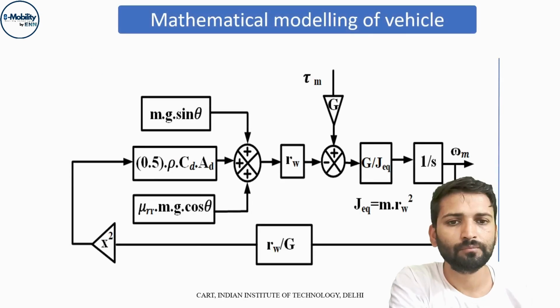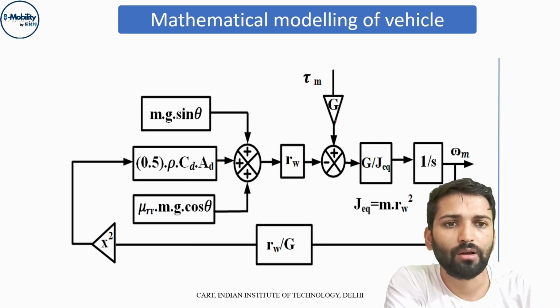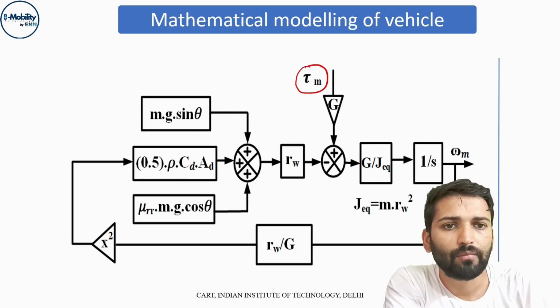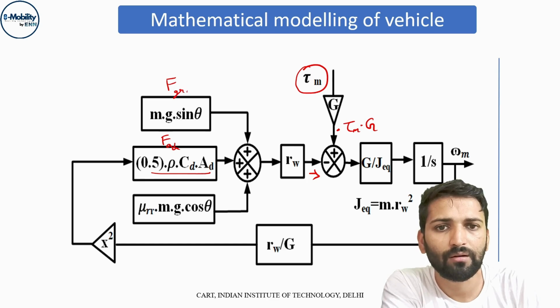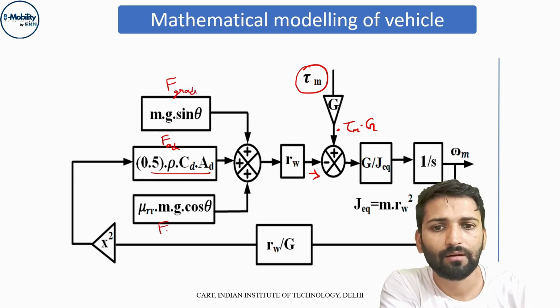Now let's go to the model. Here we can see the model that we are using: Tm multiplied by G, so here we are getting Tm into G. And here we are getting all these forces: mg sin theta, this is the aerodynamic drag F_d, this is F grade, and this is F rolling resistance.